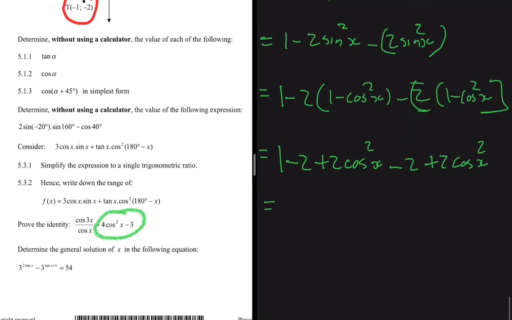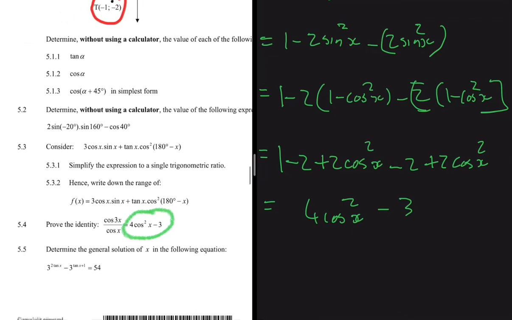If we add all that, 1 minus 2 minus 2 is minus 3, and 2 cos squared x plus 2 cos squared x is 4 cos squared x. And we've proved exactly what we are required to prove.